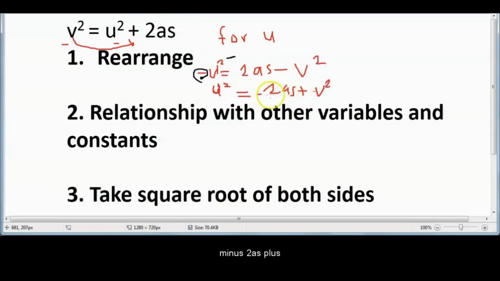But I can still rearrange this to look like this. U square is equals to v square minus 2as.